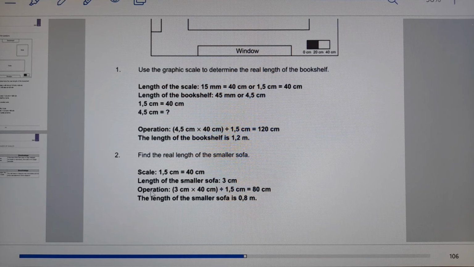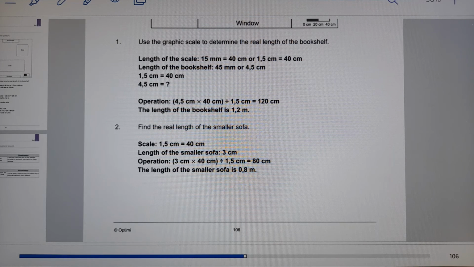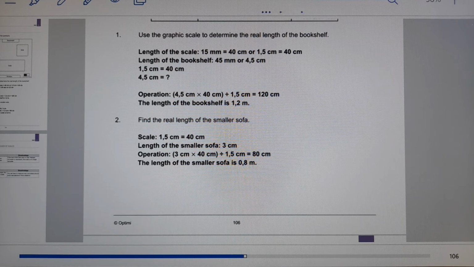So now the real length of the sofa, or the real distance, is equal to the map distance, which I measured, times the map scale, divided by the real scale, and they get 80 centimeters. It's one and the same thing. I hope now you get a better understanding.